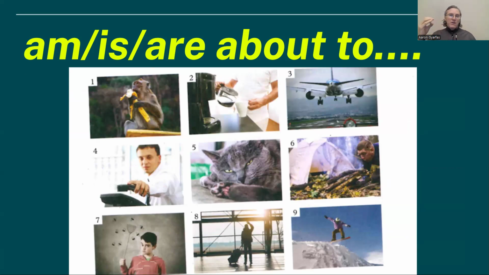The monkey is about to do what? In picture 2, the man is about to do what? And number 3, the airplane is about to do what? Make a sentence and leave it in the comments of this video.